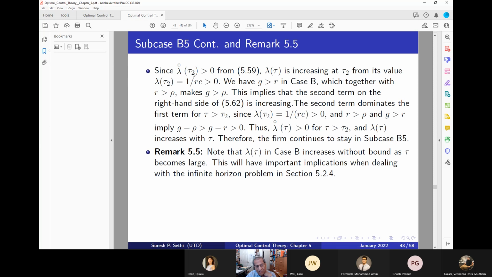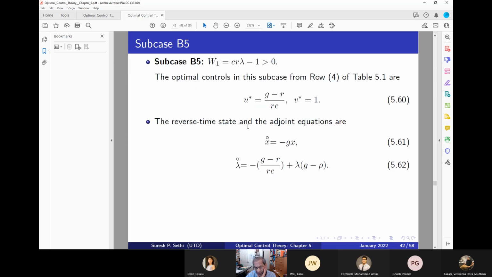And we can see the lambda circle is increasing. Lambda tau is increasing at tau 2 from its value. We have G bigger than R in case B, which together with R bigger than rho means G is bigger than rho. This implies the second term on the right-hand side of 5.62 is increasing. So look at 5.62, the second term. We need to have the values of R and G and rho to see where they line up in order to get this case.